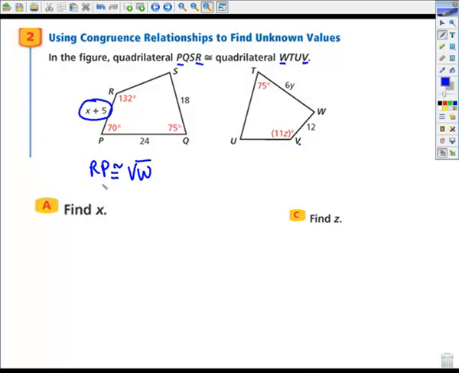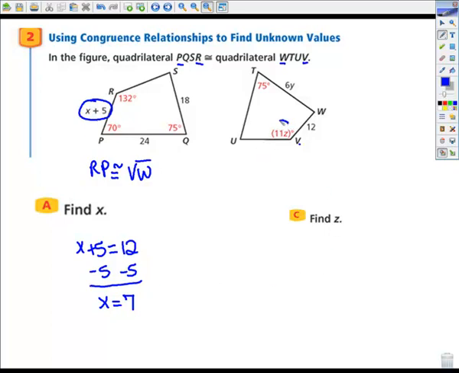So knowing that information, I can go X plus 5 equals VW is 12. And now I simply subtract 5 from both sides. So X equals 7. We're not saying this side is 7, we're saying the X is 7. So we know the side is actually 12.